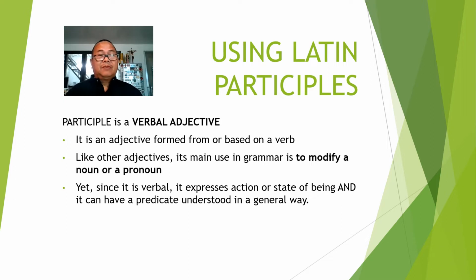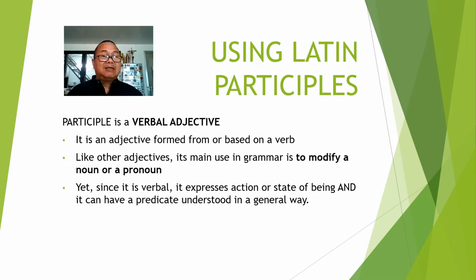But sabihin, the verbal adjective is not simply a modifier, but because it is derived from a verb, it can have constructions that ordinary verbs have. Halimbawa nga, pwede magkaigong direct object, pwede magkaigong indirect object. Kung passive, pwedeng magkaigwa ng ablative agent.